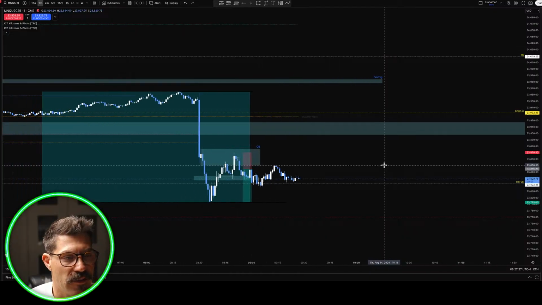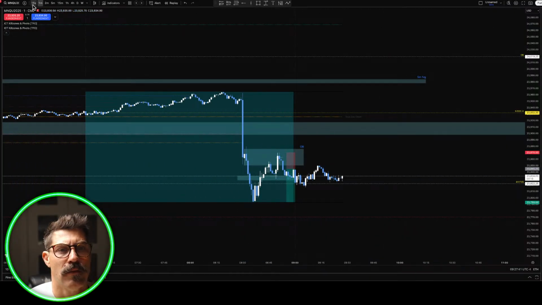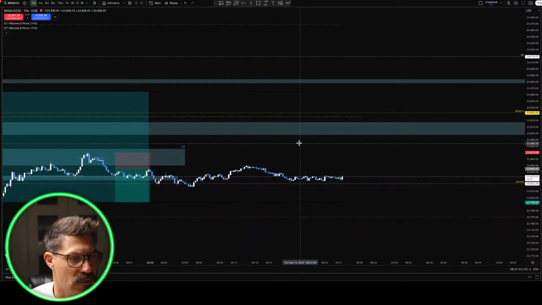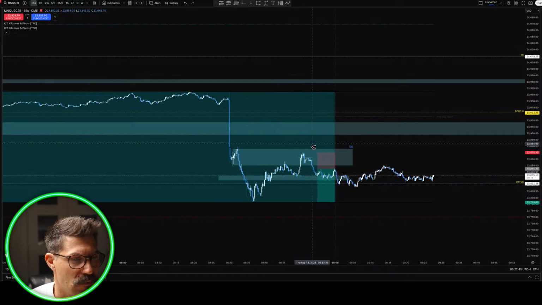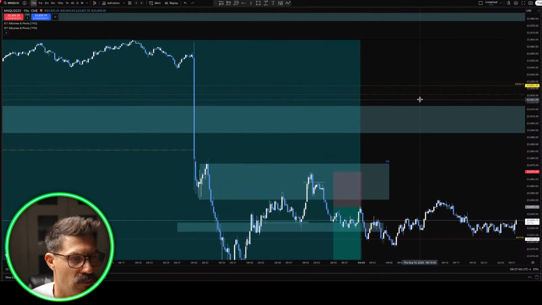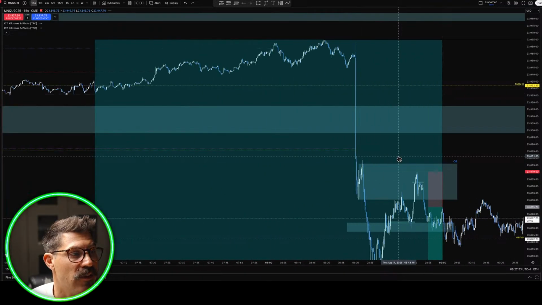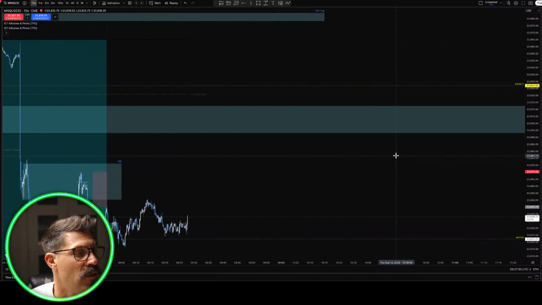What does this look like on the 15-second? Just one really big 15-second candle. What is this?